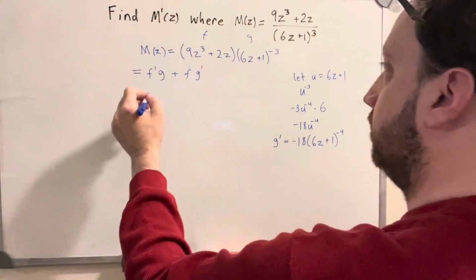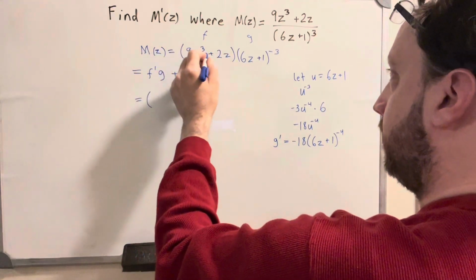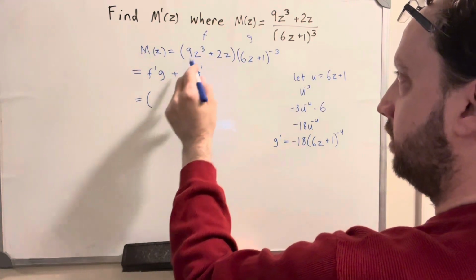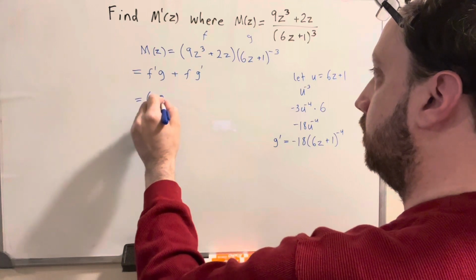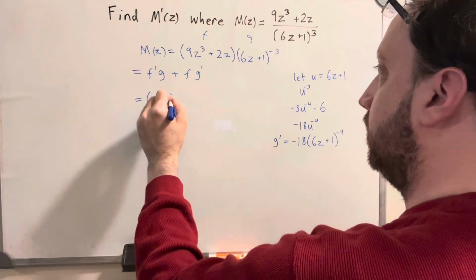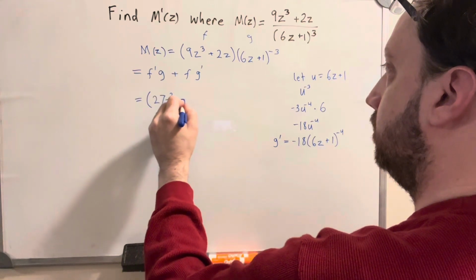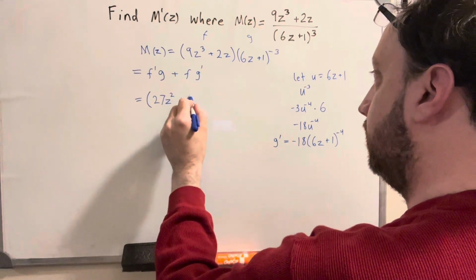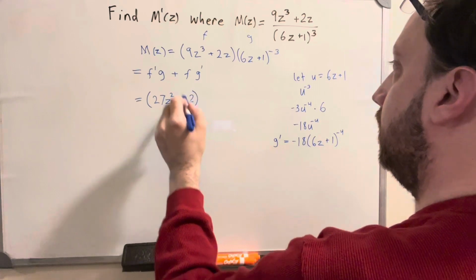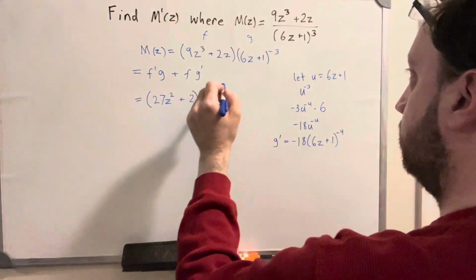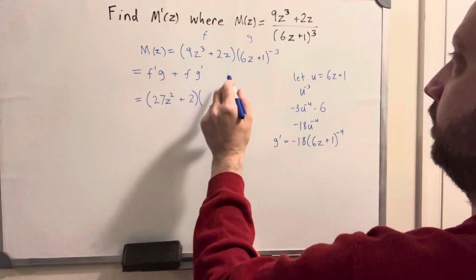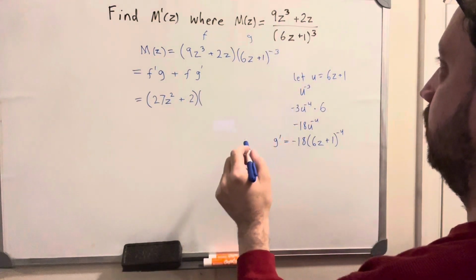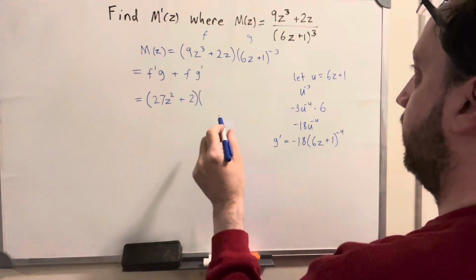What's the derivative of 9z cubed plus 2z? We're going to use the power rule. It's 3 times 9 is 27z squared plus, what's the derivative of 2z? 2, times g. So g is just the original 6z plus 1 to the negative 3.